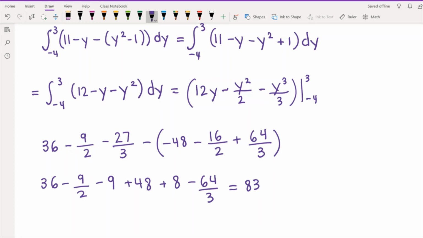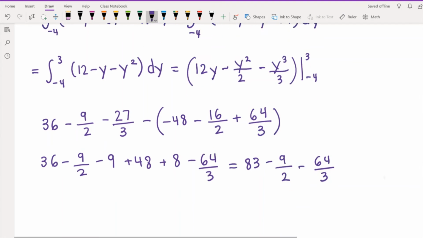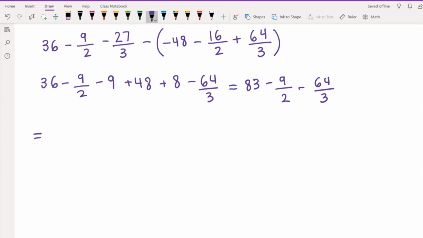And then we have also minus 9 halves minus 64. Oops, I don't know why I wrote 12 there. 64 over 3. So now we can express everything in terms of sixths. So 83 times 6, that's when I have to do it in a calculator. So that's 498/6 minus, so this one will be now 27/6.